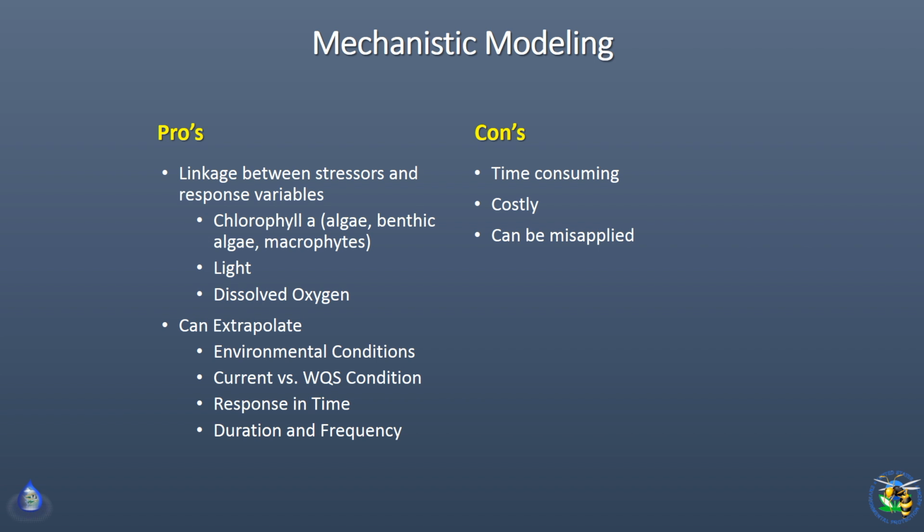We can determine how long it would take for the water body to respond to management practices to meet a goal. And we also can evaluate duration and frequency of water quality conditions. Some of the cons are it's time consuming. They do take time to set up these models and gather the data. It could be costly to collect the data that you would need to adequately calibrate the model, and certainly they can be misapplied.